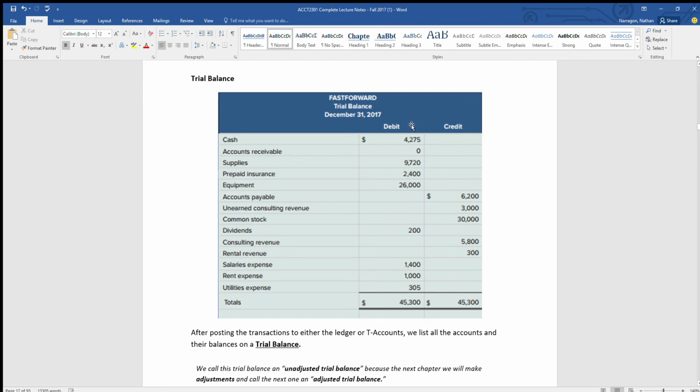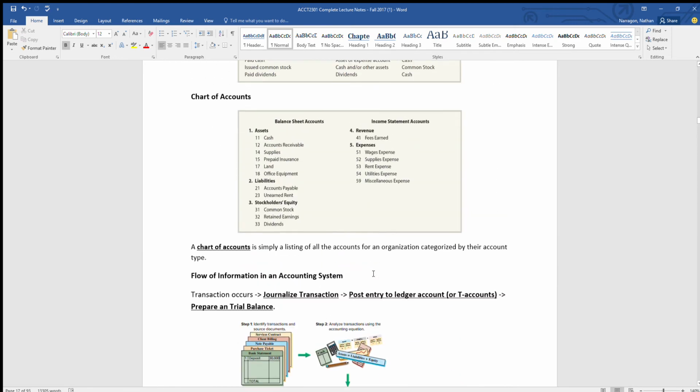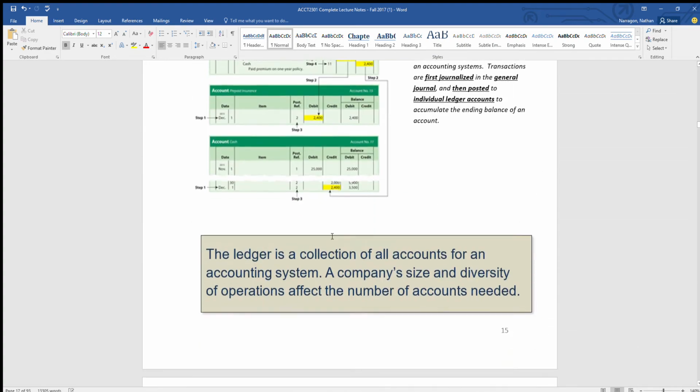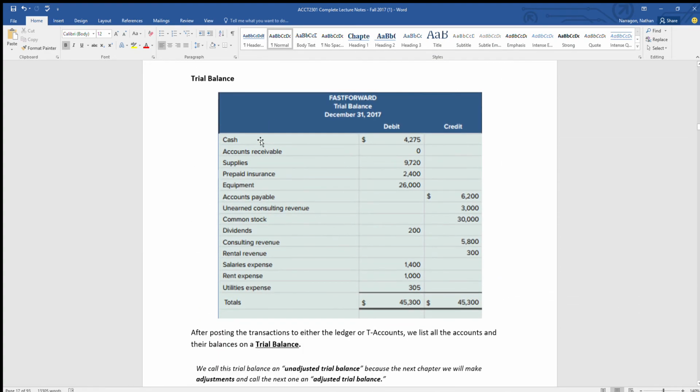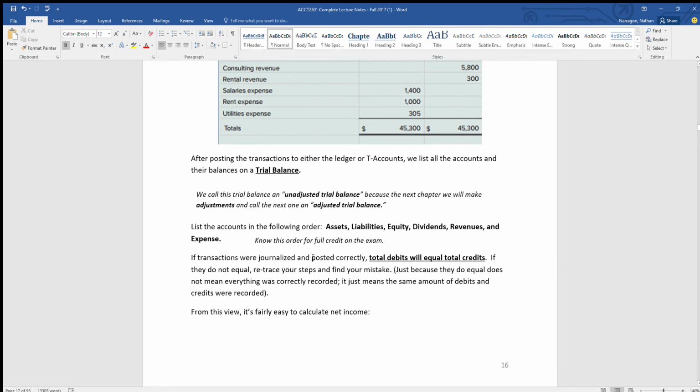So this has all of them, all of our balance sheet, all of our income statement, and notice how these counts run exactly like your chart of accounts, exactly like it. So if you see a chart of accounts, your trial balance should follow the list down. So again, there it is, list them all: assets, liabilities, equities, dividends, revenue, and expenses.